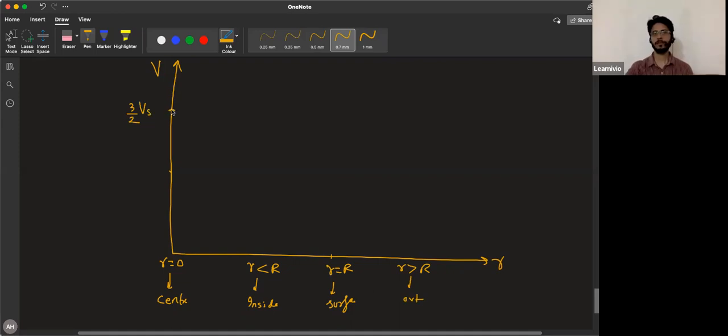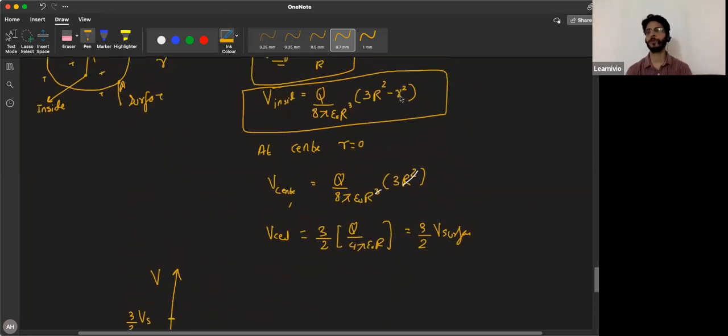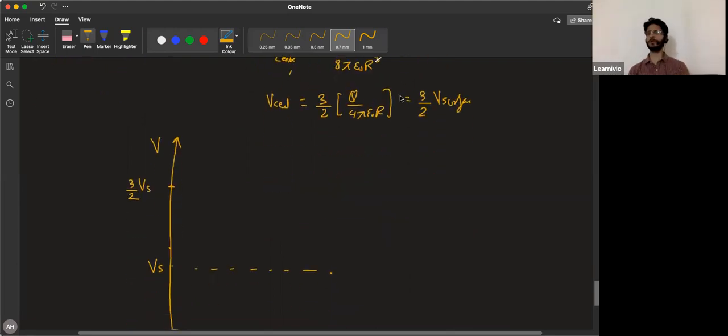At the center, on the surface, the value of potential is Vs. From center to surface, potential is decreasing. At center, it's 1.5 times of the surface, and surface is just Vs. And how is it decreasing? See, inside it's proportional to R square. So if it is directly proportional to R square, that means the shape of the graph will be a parabola.